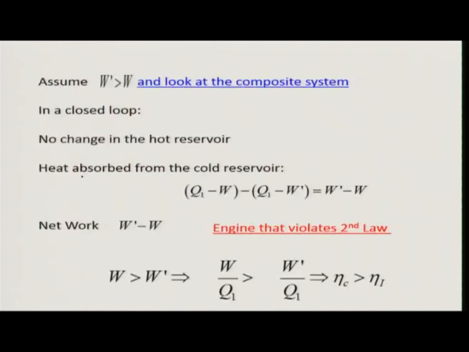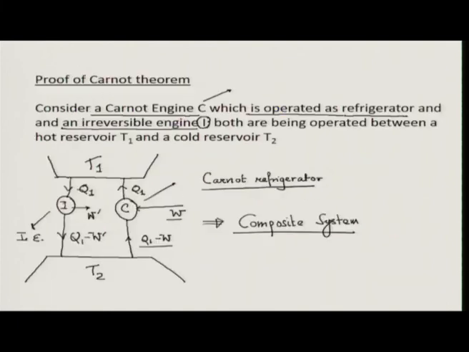So look at the composite system and let's assume W prime is W and ask the question, is it possible? What is W prime? W prime is the work done by the irreversible engine.